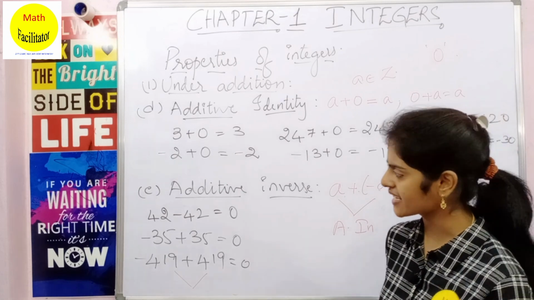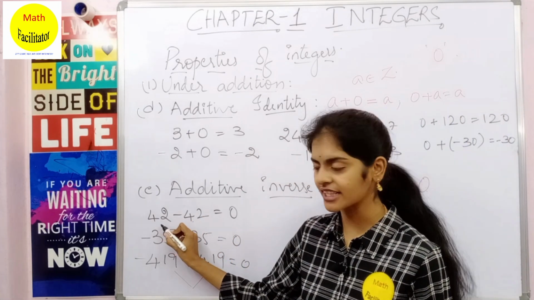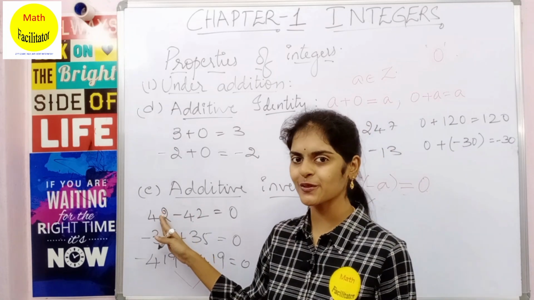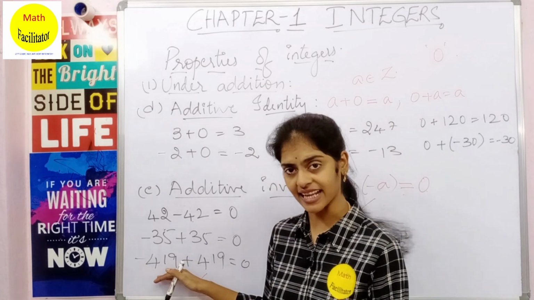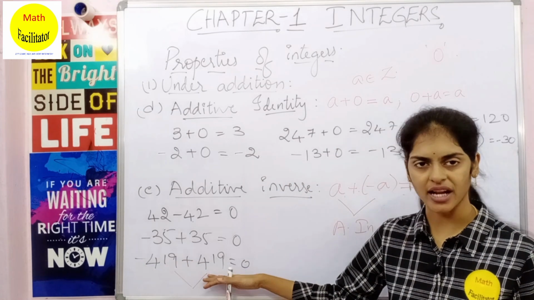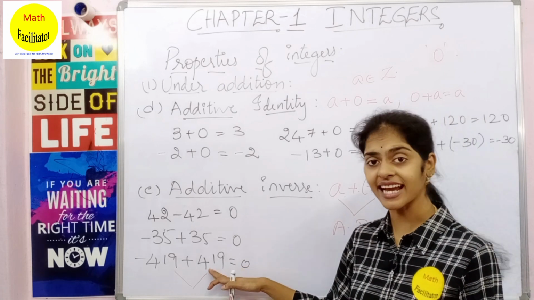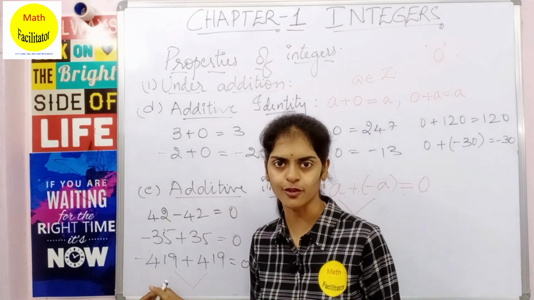In this case you can see that minus 42 is the additive inverse of 42 and 42 is the additive inverse of minus 42. Here also minus 419 is the additive inverse of 419, or 419 is the additive inverse of minus 419.